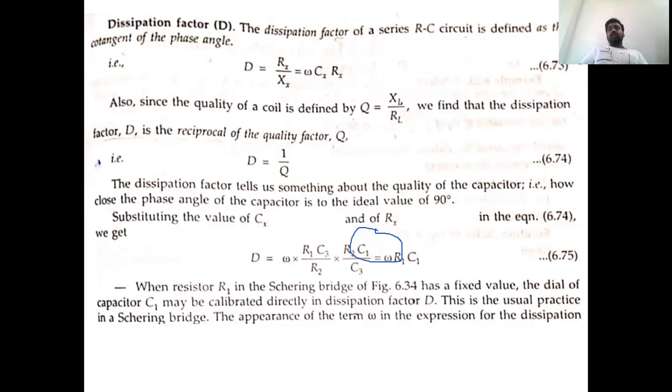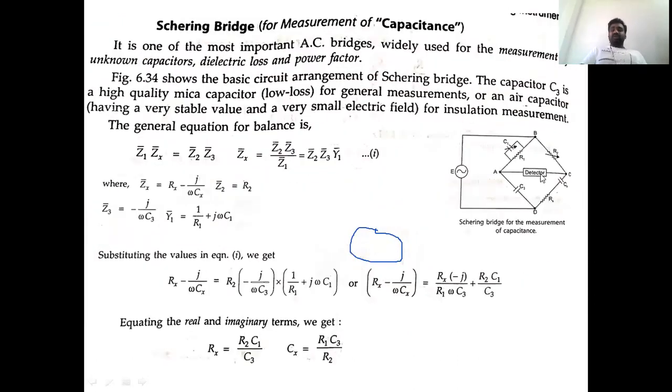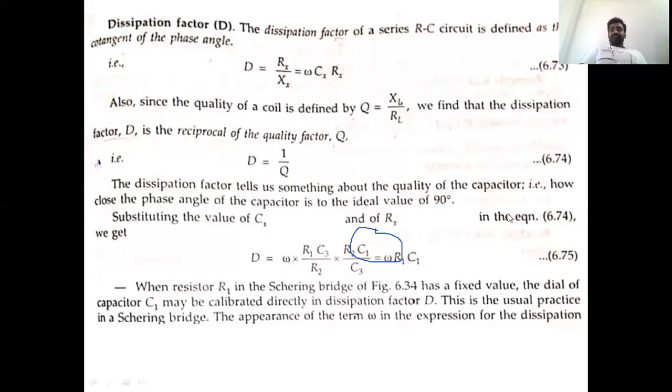The main objective of dissipation factor is to find out the quality factor and the dielectric loss. In this particular RC circuit, see here, this is the unknown element. The bridge's fourth path is nothing but an RC circuit, unknown capacitance with respect to unknown resistance. That's why I am focusing on that.